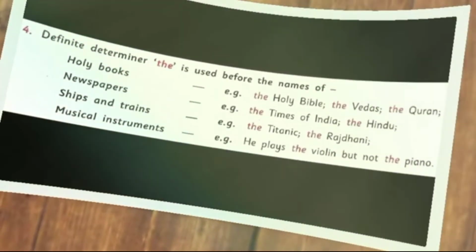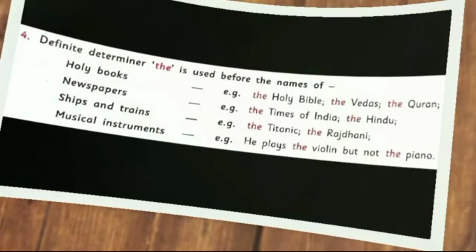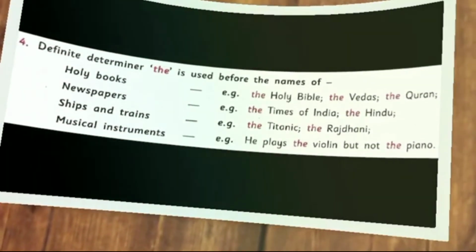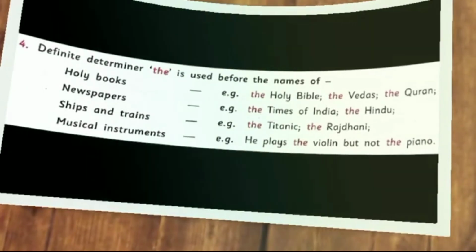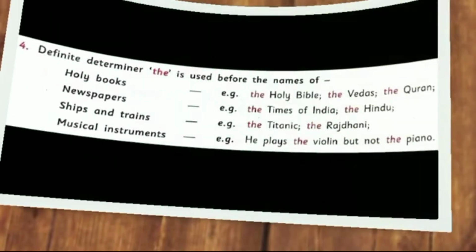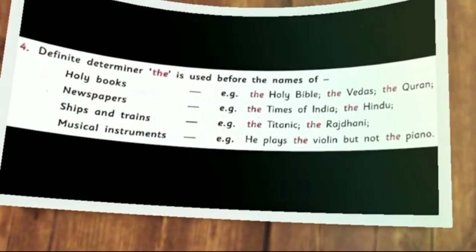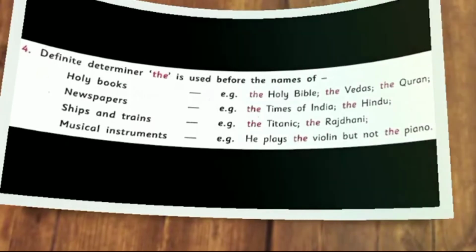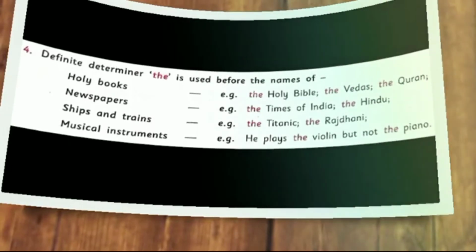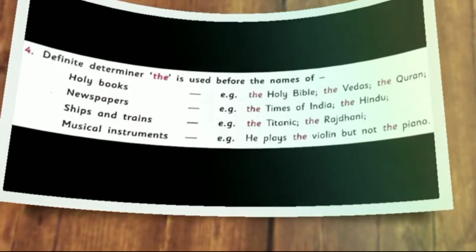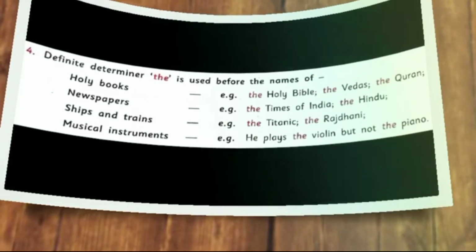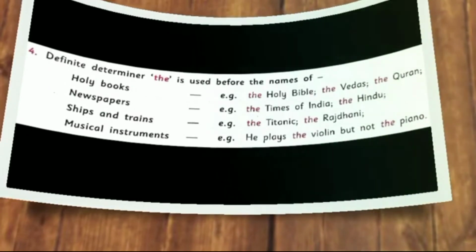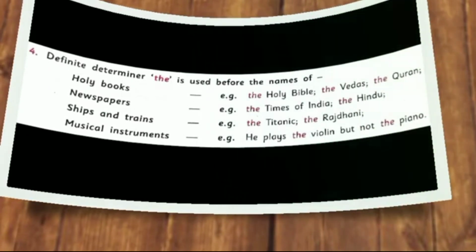For example, the Quran, the Ramayana, the Vedas, the Bible, etc. The Times of India, a newspaper; the Hindustan Times; the Titanic, name of a ship; the Rajdhani Express, a train; the violin, the piano, the flute, musical instruments. Have you understood this? Learn all this very nicely. Okay? Alright. This topic is very important.